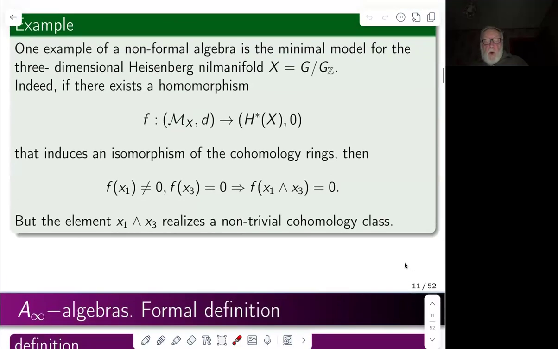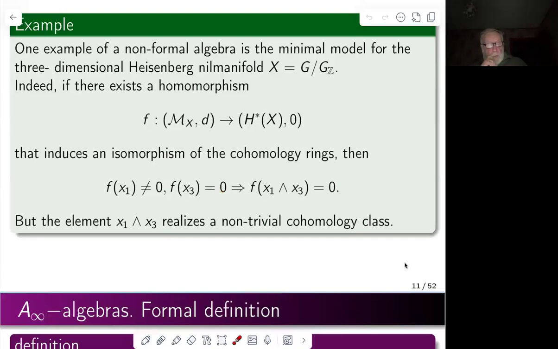And non-formality: our example is the nilmanifold of Heisenberg. Let's suppose that we have a homomorphism f between the minimal model with differential d and homology with trivial differential, which induces an isomorphism on the level of homology. Then the element x1 transforms into a non-zero element, and the element x3 transforms into zero.